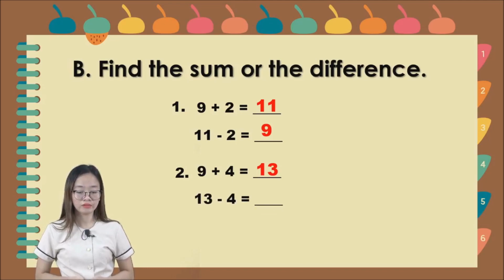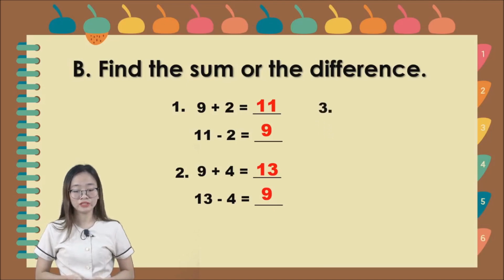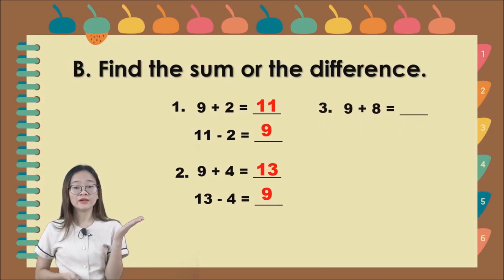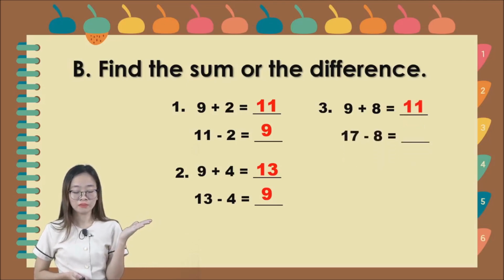And 13 minus 4 is equal to 9. Another, number 3, we have 9 plus 8. Once again, 9 plus 8 is equal to 17. The earlier answer was wrong, but the correct answer is 17. So, 17 minus 8 is equal to 9.